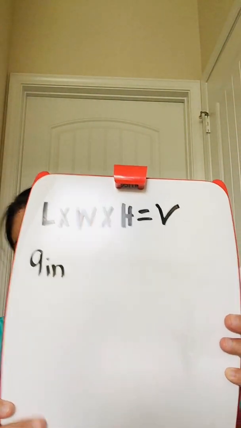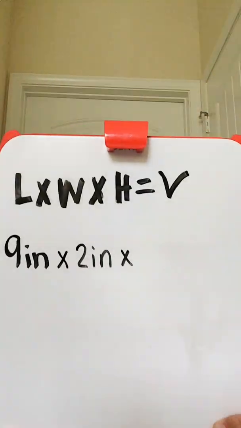So I wrote 9 inches. Now let's check the width. So we're going to go right here on the side, check the width. And our width is 1.5, so we're going to round up to 2 inches. So 9 inches times our width, which was 2 inches. So now we just need to find the height.